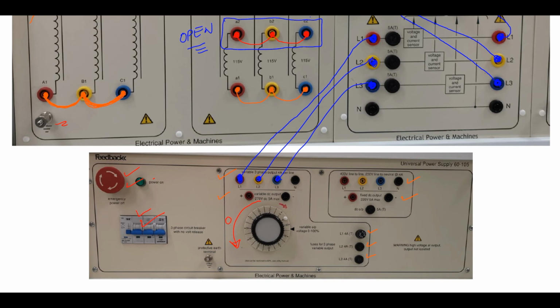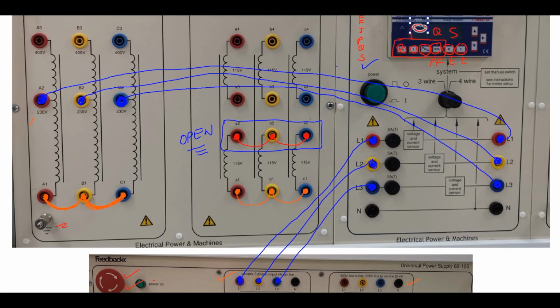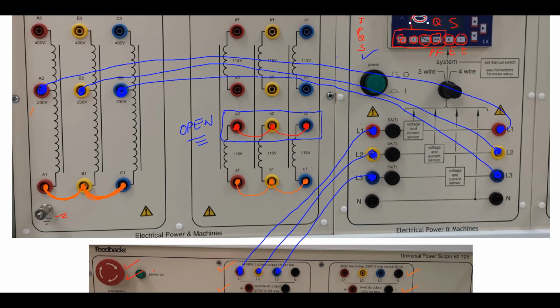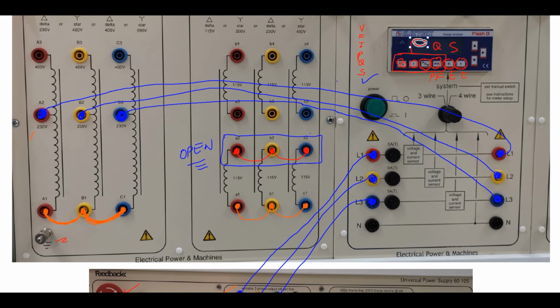And after that, the second thing to be done is to display a current here, so that while we are turning this knob toward a certain value of the voltage, we can check the current, and the current should not exceed the rated current for that transformer. So we're going to show you how we can find the rated current of this transformer.